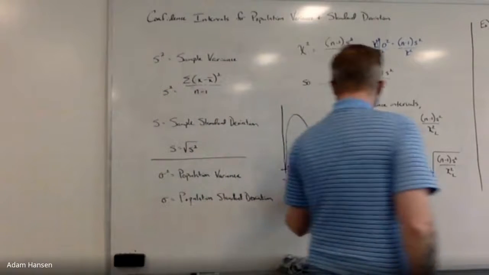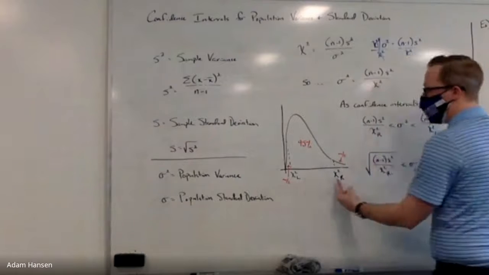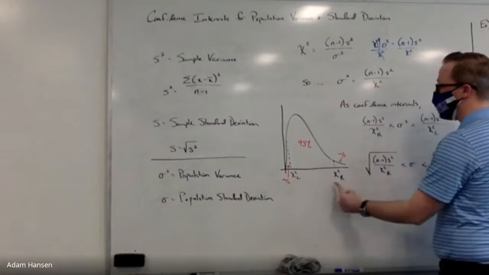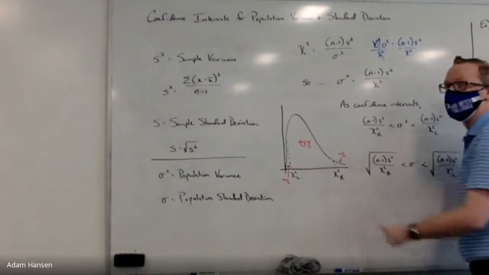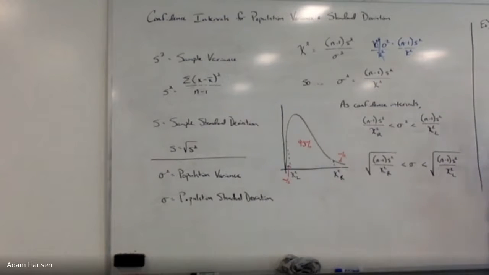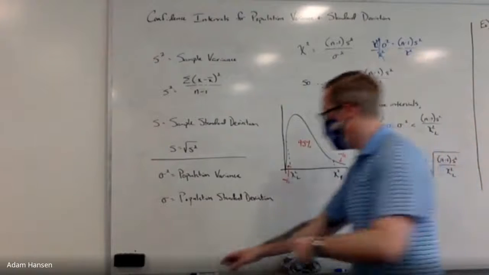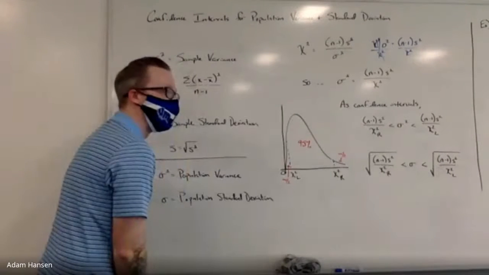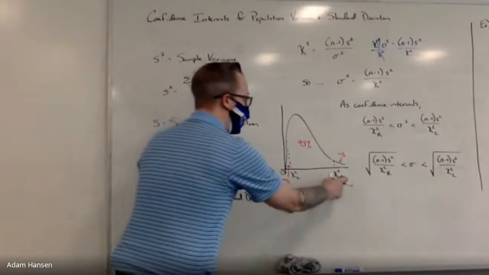Which of these two values has a bigger chi-square score? Is the left-handed chi-square or the right-handed chi-square going to be a bigger number? Chi-square is always positive, so if I put 0 here, which one's further from 0? Right.